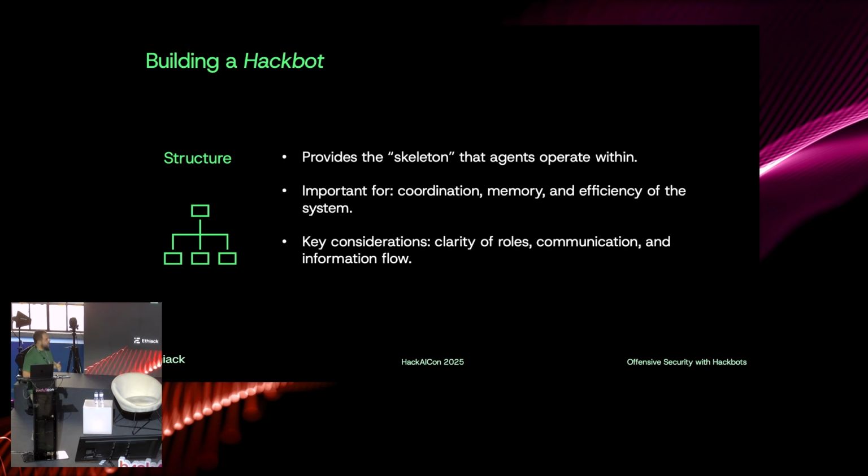It should also implement how it manages memory, to make sure it knows what was already tested, for example, and to track how vulnerabilities have been found. Key design considerations include the clarity of roles when multiple agents are involved, establishing effective communication pathways between system components, and designing an information flow between agents that maintains the context throughout the process.